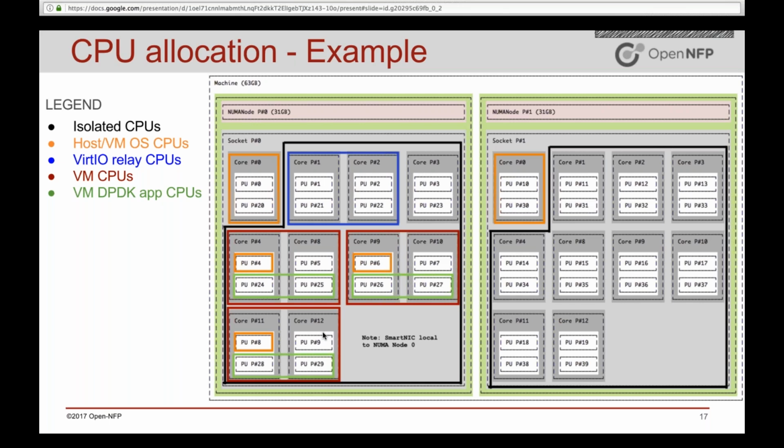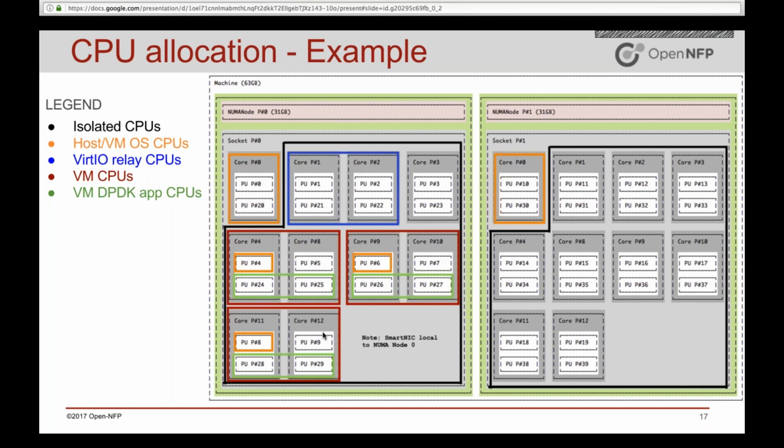And also the host and VM operating systems are using the non-isolated cores, and that's the orange block. And in each of the VMs, there's also an orange block which shows the Linux scheduler being pinned to a specific CPU so that you don't share any of the application load to ensure that your performance testing can give reproducible results.